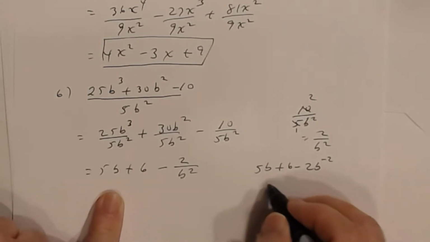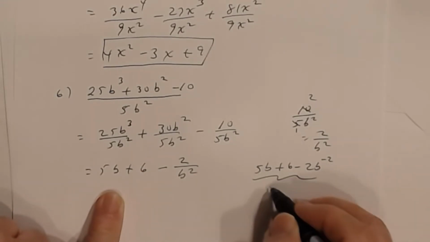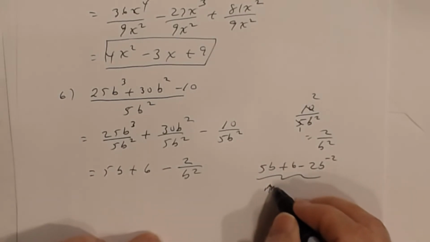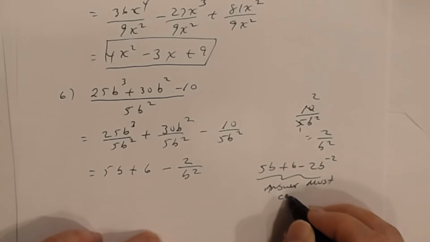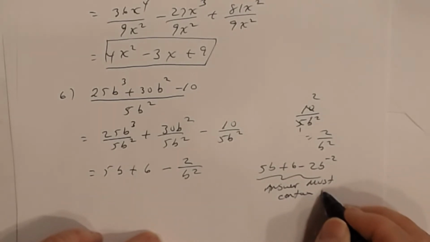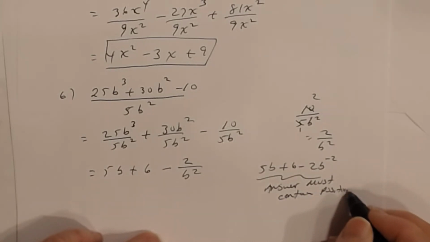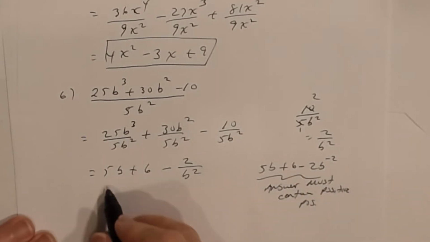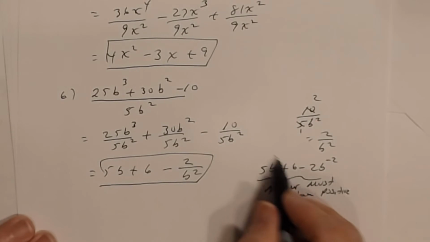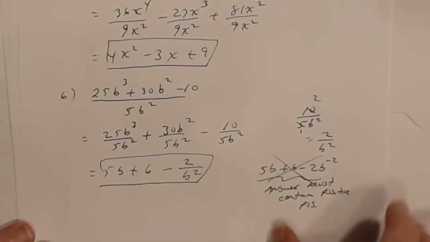The answer is no. When you write your answer, the answer must contain positive exponents. All exponents must be positive. Okay, so that's not positive, so this is what you need. Okay, so don't write it like this. Okay, all right, number 7. So let's go to number 7.